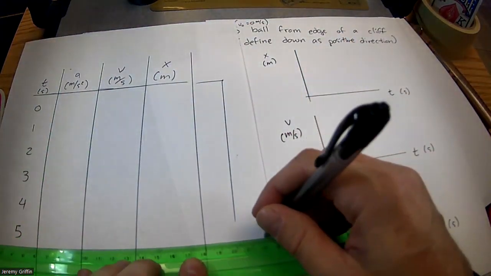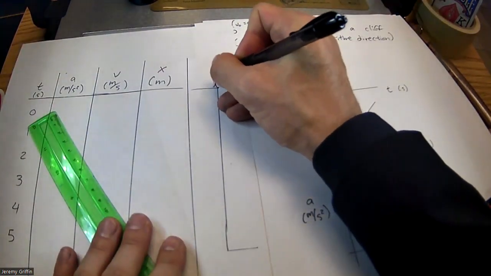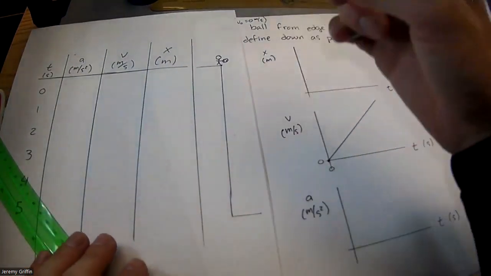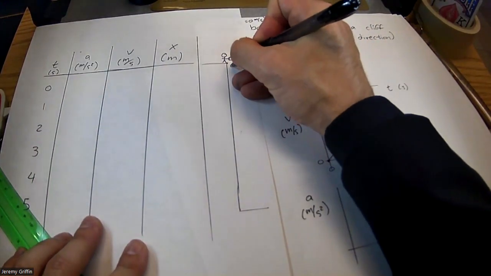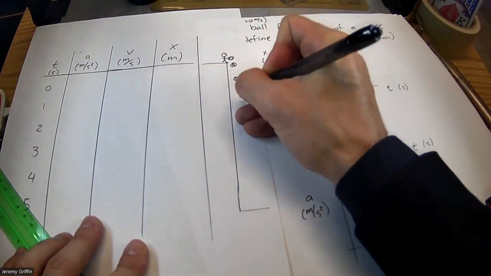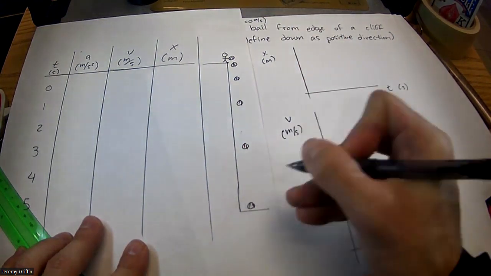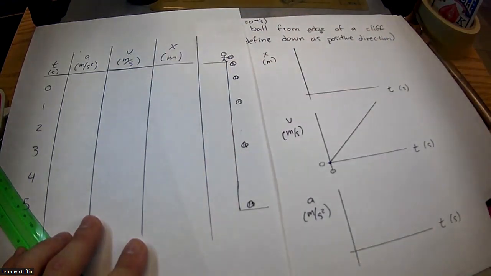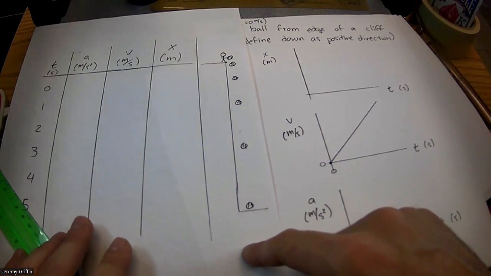Here's the ground down here. So I'm going to reach over the edge and drop a ball. And let's say you take a snapshot every second. Tick, tick, tick, tick, tick. You think it would look something kind of like this? So times 0, 1, 2, 3, 4, 5. Look kind of like that. See how the ball's spreading out every single successive second?